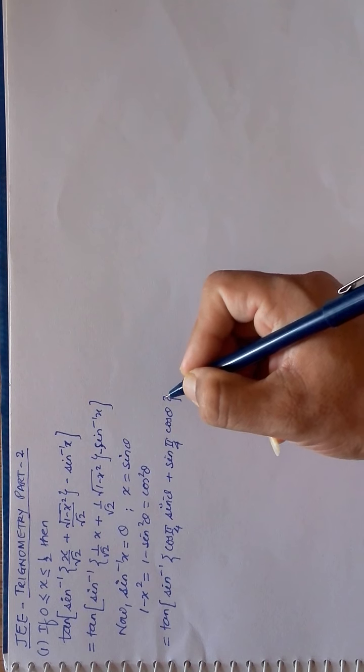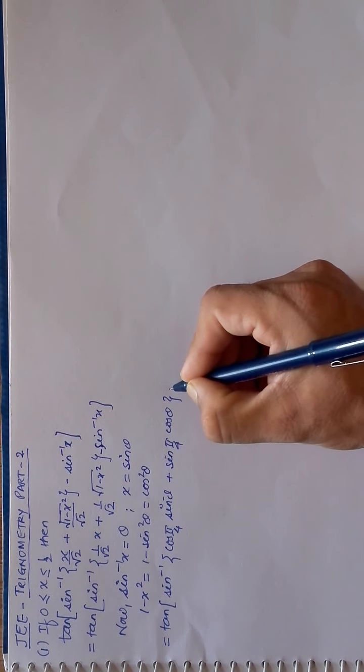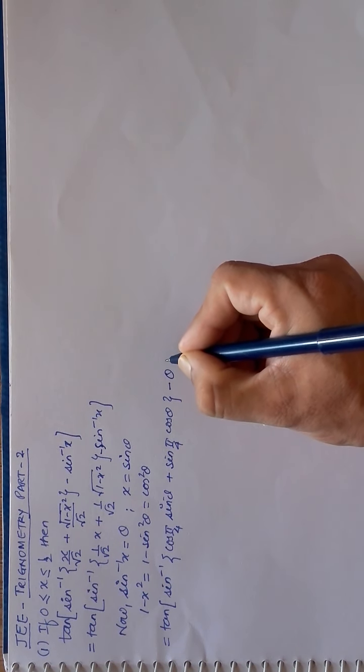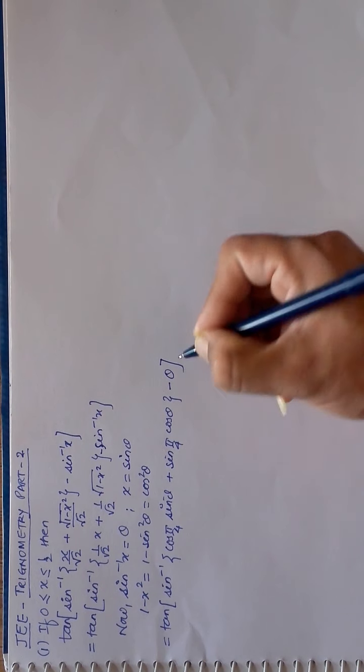Got it? Right? Because the value of x is very clearly mentioned from 0 to half, you cannot get values which will be negative. So here minus sine inverse x is already taken as theta. Agreed? And I close the bracket.